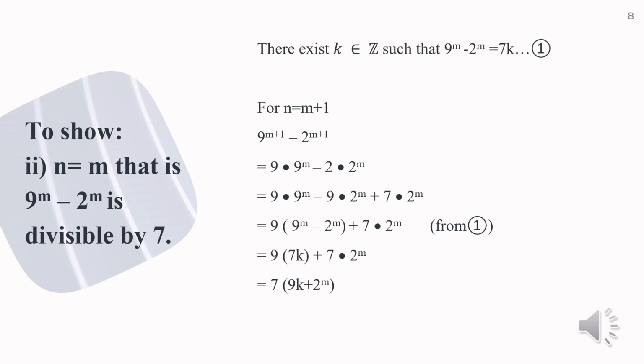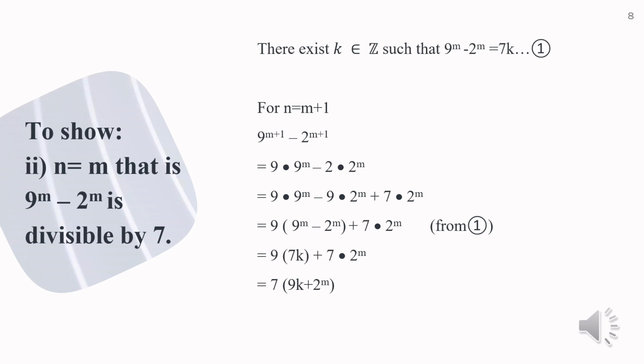So we separate the index, which becomes 9 times 9^m minus 2 times 2^m. That is 9 times 9^m minus 9 times 2^m plus 7 times 2^m, since 9 times 2^m minus 7 times 2^m is equal to 2 times 2^m.